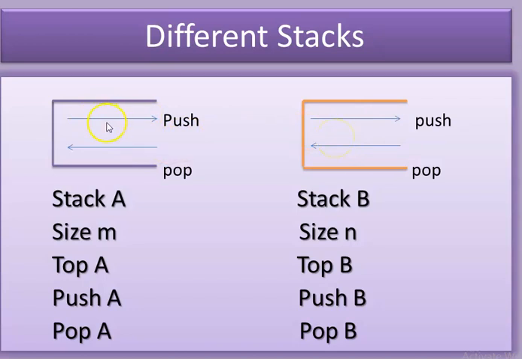So instead of having these two stacks as separate arrays, we are combining them to form a single array, so that the size of the whole array will be m plus n, because the size of this array is m, size of this array is n. For example, we have taken it as 5 and 6.